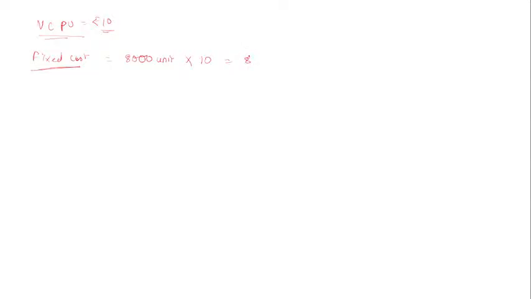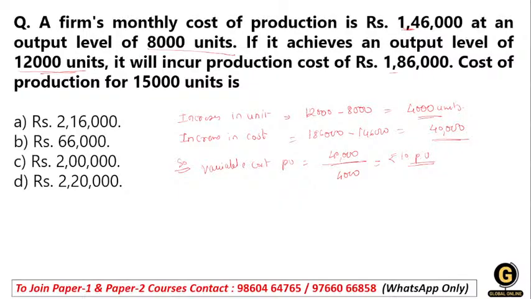So you will get 80,000. This is your variable cost amount.